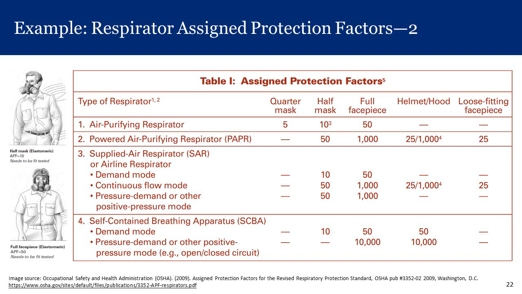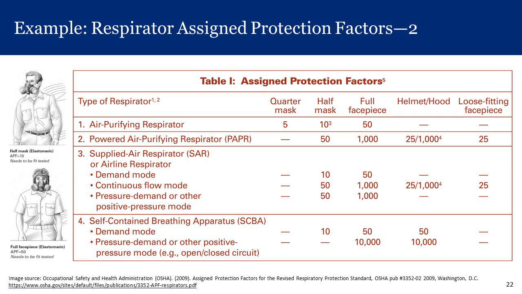If you look at this table on the right and you look at the pictures, we have half and full face respirators in the pictures of the individuals wearing these respirators. But you will notice that when you look at the assigned protection factors, the key point I want to make is that the protection factors are different for different types of respirators. Some respirators are more protective than others. For example, a full face respirator has a higher protection factor compared to half or quarter masks.